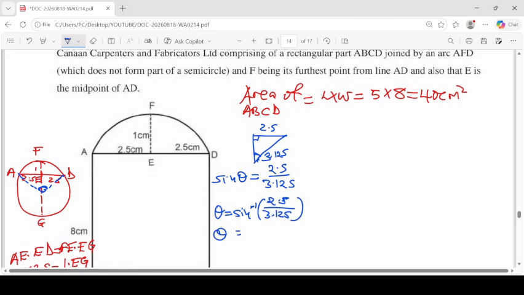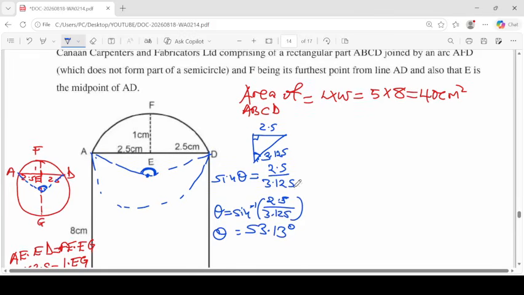When you get the sine inverse of 2.5 over 3.125, you get your angle as 53.13 degrees. Remember, I've completed this circle this way, and this is now the center. When I join like this, the angle subtended here is that one, 53.13.